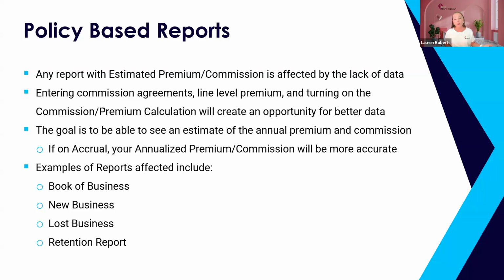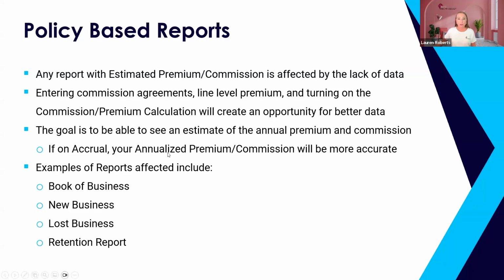If you need to know what your client got billed for the entire term before you do your renewal and comparison, that's what you're going to refer to. We don't want to overinflate your premium, or sorry, your commission, by including those fees, because remember that calculation is pulling that estimated premium that you enter and multiplying it by the agency commission percent at the line level.